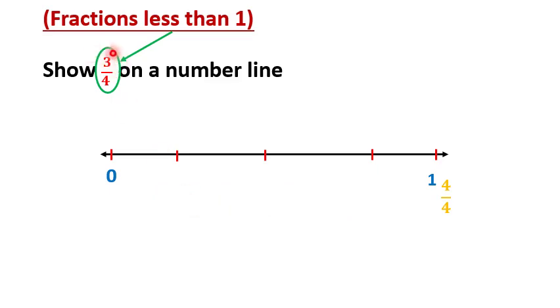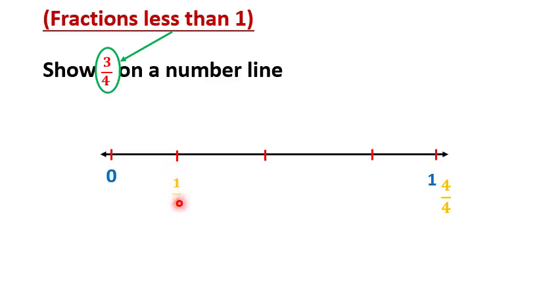So my numerator is going to be 1. Excellent. So my fraction for the first part will be 1 of 4 or 1/4. Why 1? Because this is the first part. Why 4? Because our whole is 4 of 4. So the denominator is going to be 4 for all the fractions.